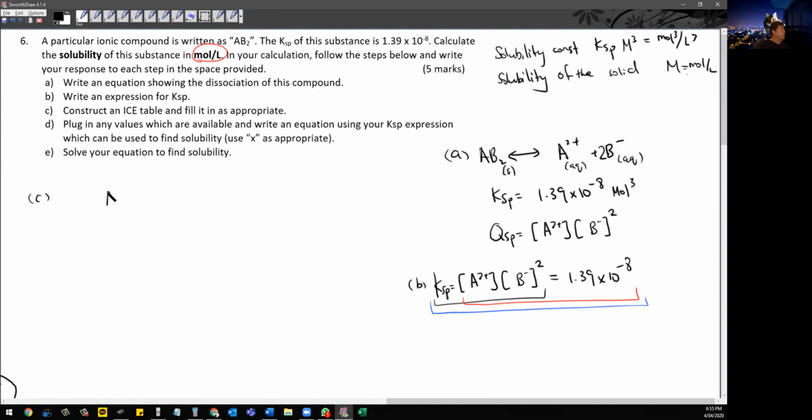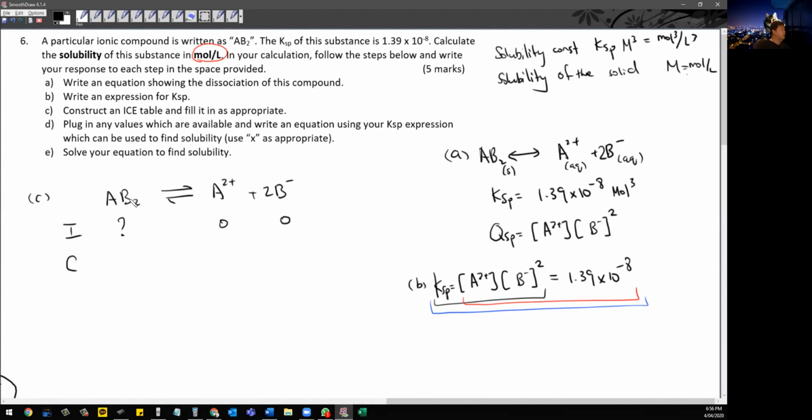So we have AB2 becoming A2+ and 2B-. Initially there is a certain amount of this, we just don't know, and 0, 0. We don't care about this column really.